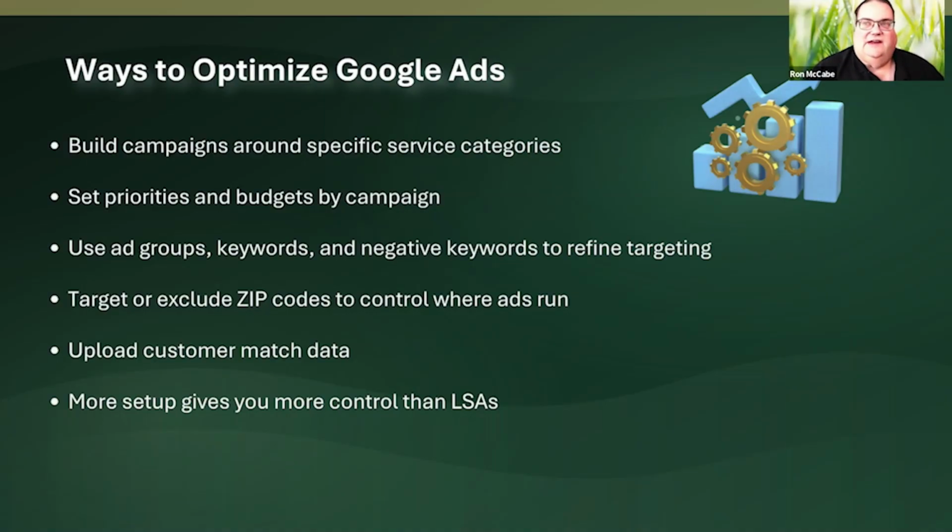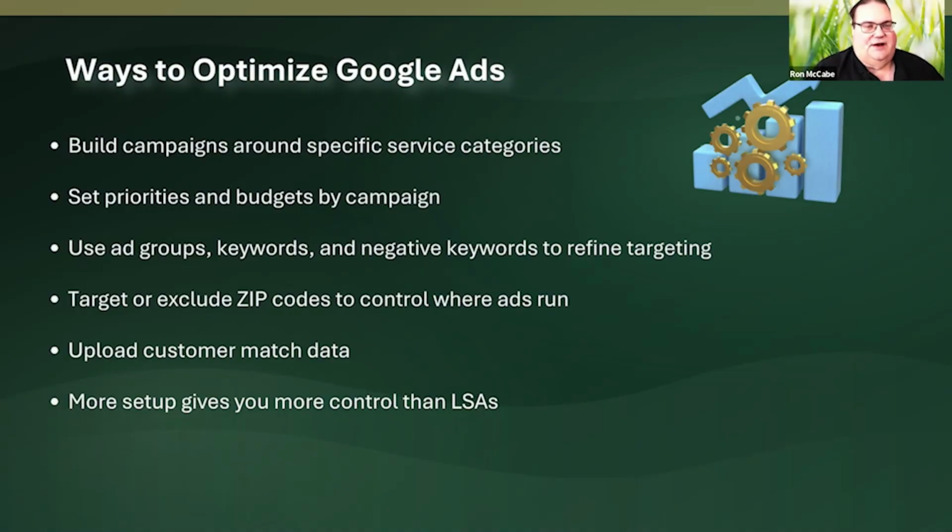I would also say, for example, in the Seattle area, you've got different markets based on location. One of the things I like is you've got your service categories, and that's called your campaign. Then you've got your ad groups, and you can have different ad groups that go to different areas.